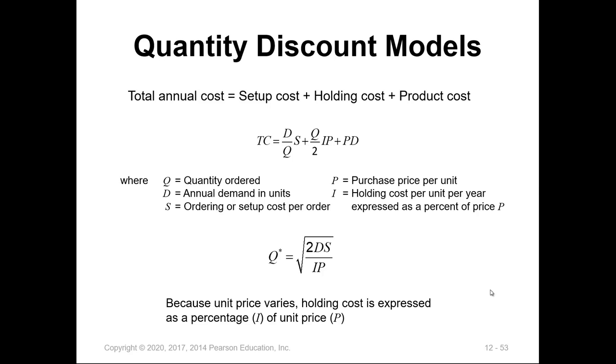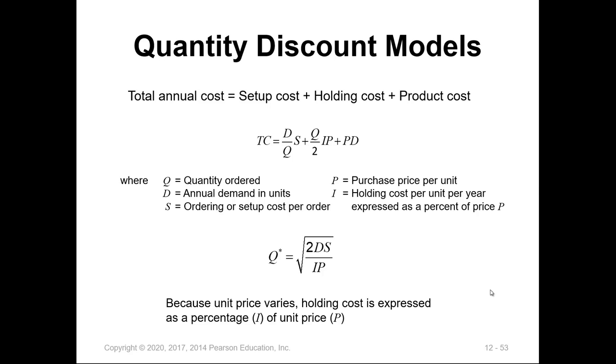This is uppercase P, which is different than the lowercase p. This is the price per unit, and I here is the holding cost per unit per year expressed as a percentage of the price P. So this is a percentage, it's not like the H, which is the holding cost per unit per year in dollars.